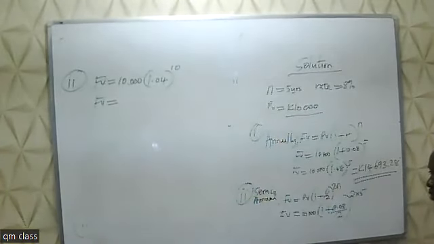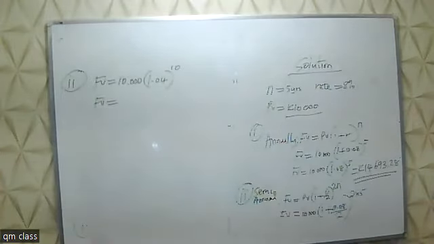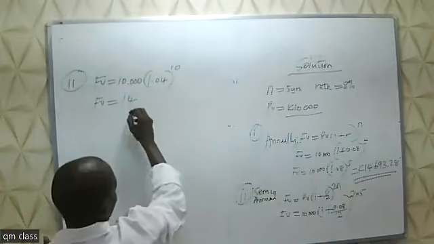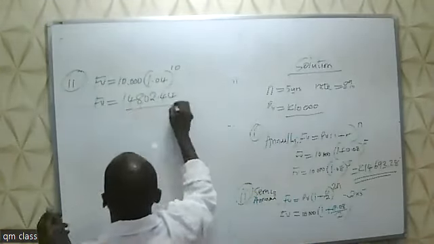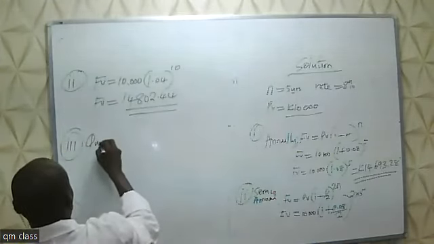From January to June, we have one semi-annual period, from July to December, another. So there are 10 semi-annual periods in 5 years. So our 10,000 times 1.04, because of the division there, to the power 10, gives us 14,802.44. All right, so we're getting down to the third one, quarterly, now.